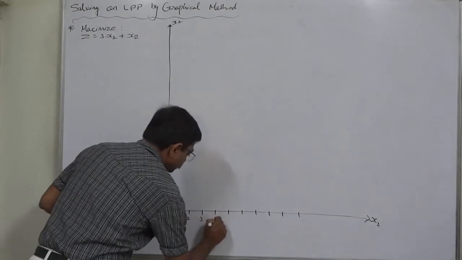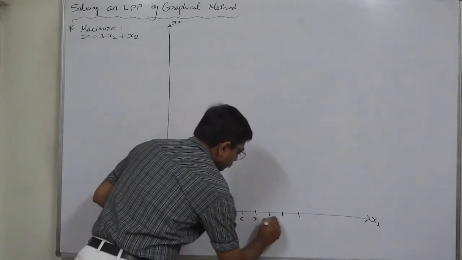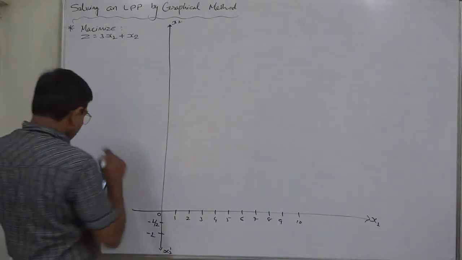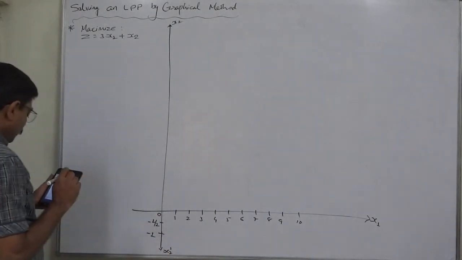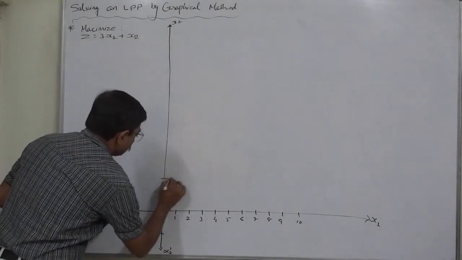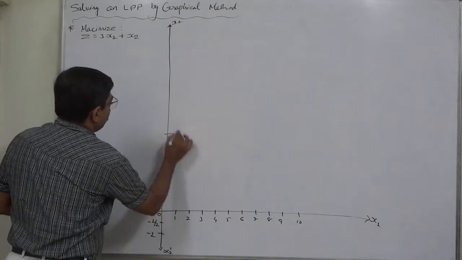On x2 axis, we are going to take the maximum possible value of 6: 1, 2, 3, 4, 5, 6.